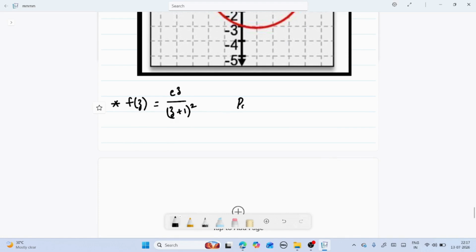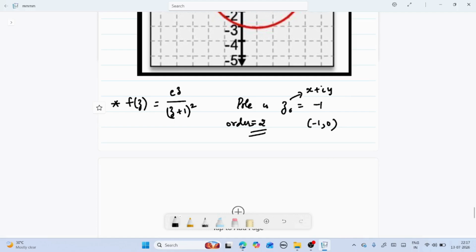Here the pole is z0 equal to minus 1, and the order of the pole is 2. So it's not a simple pole, it's a pole of order 2. z0 equal to minus 1 is nothing but (minus 1, 0), because z0 can be represented as x plus iy. x is minus 1 and there is no imaginary part, so y will be 0.